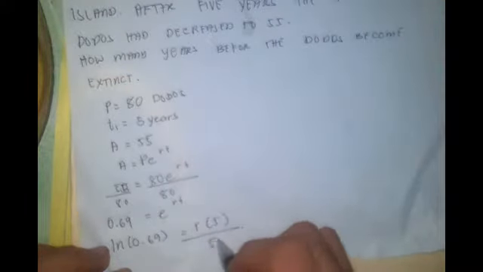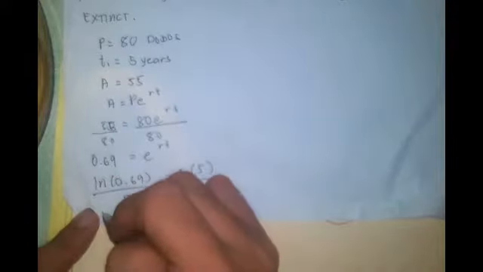Divide both sides by 5, then r is equal to negative 0.074. This is the rate of change, negative since the population decreases.